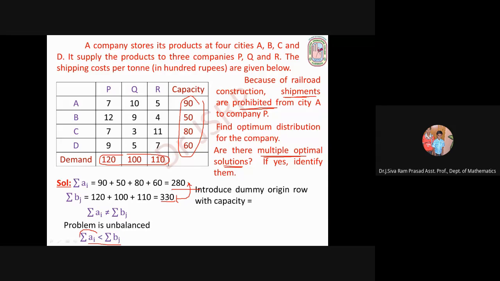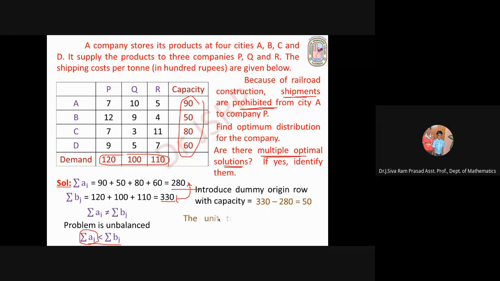Since the available amount is less than the required amount, to make it balanced, we have to introduce a dummy row origin with capacity equal to the difference of these two, 330 minus 280, that is 50. So introduce a dummy row with capacity 50 units.